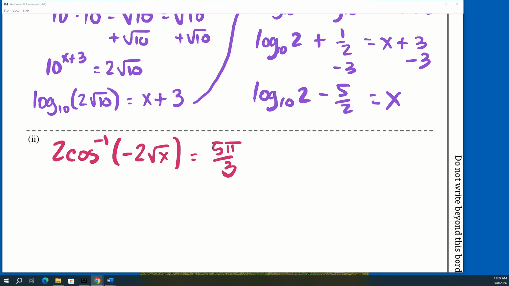Okay, so look at C on the last question and see if you can solve this from here. So this is kind of like starting on the second step.